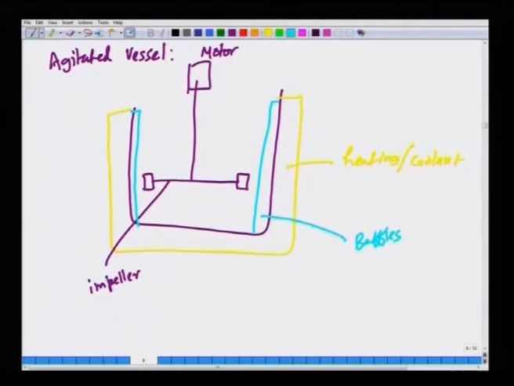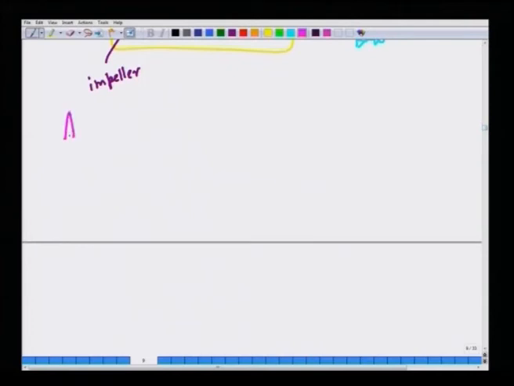Okay, so, typically the liquid that is present will have a free surface. Okay, this is a free surface of the liquid. Okay. So, there are two types of impellers. One is axial flow impellers and radial flow.